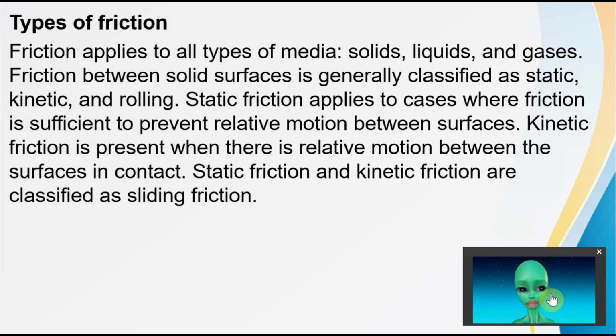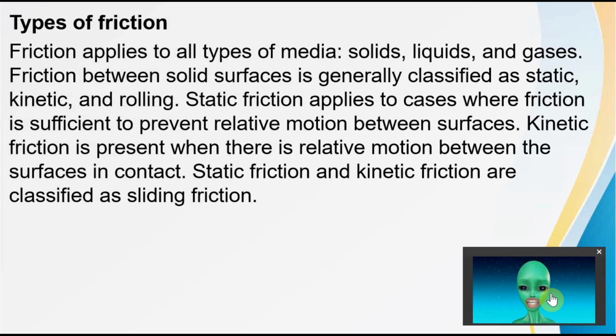There are types of friction. Friction between solid surfaces is generally classified as static, kinetic, and rolling. Static friction applies to the case when friction is sufficient to prevent relative motion between surfaces. Kinetic friction is present when there is relative motion between the surfaces in contact.